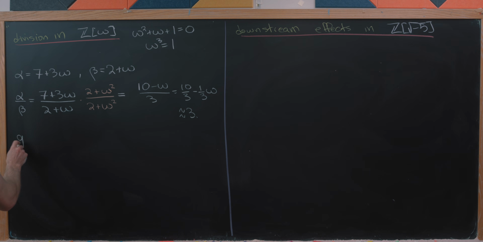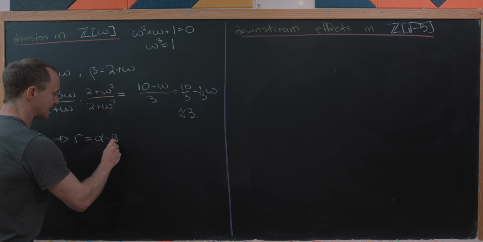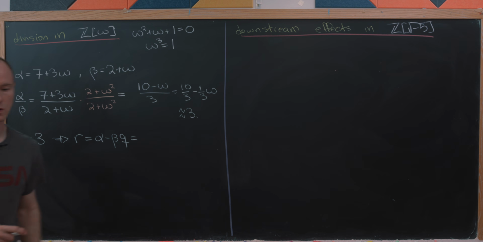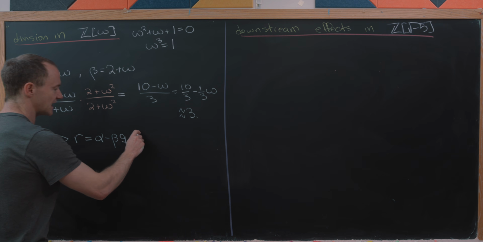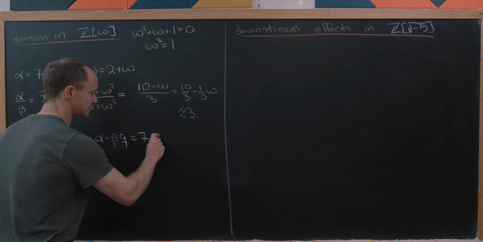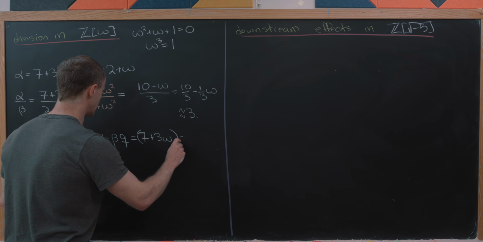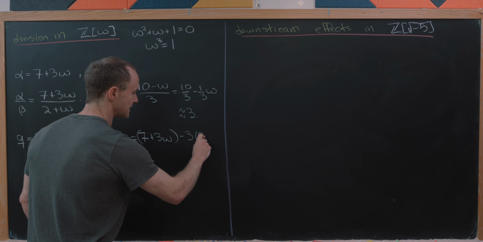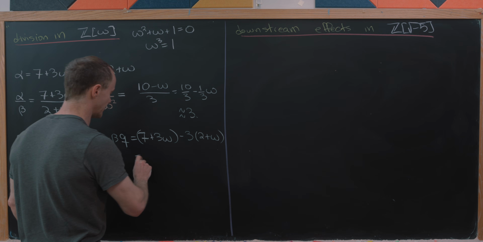So that means you might want to start your guess with a quotient of 3 and see if that is valid. If we have a quotient of 3, we're going to have a remainder of alpha minus beta q. We can always calculate the remainder if we have the quotient like this. So that's going to be 7 plus 3 omega, minus beta times q, which is 3 times (2 plus omega).